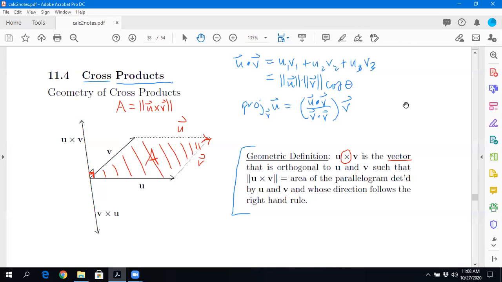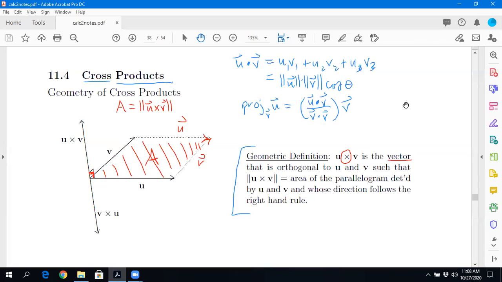Does that make sense? So we want a vector that is both perpendicular to U and V simultaneously, but also whose length tells us something, namely the area of the parallelogram determined by U and V. Does that kind of make sense? So the length of U cross V is going to be the area of that parallelogram, and U cross V is going to be perpendicular to both. Now, here's the thing.